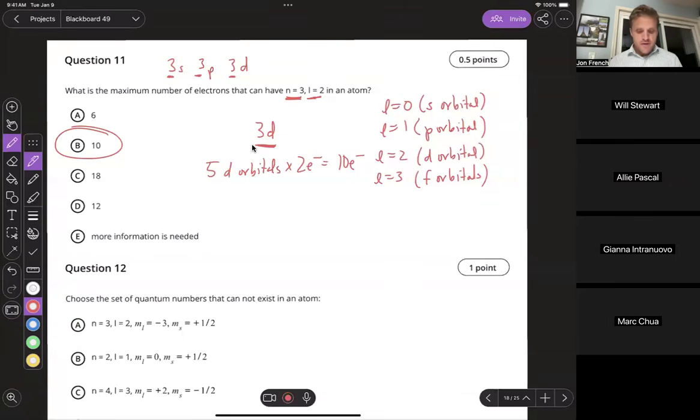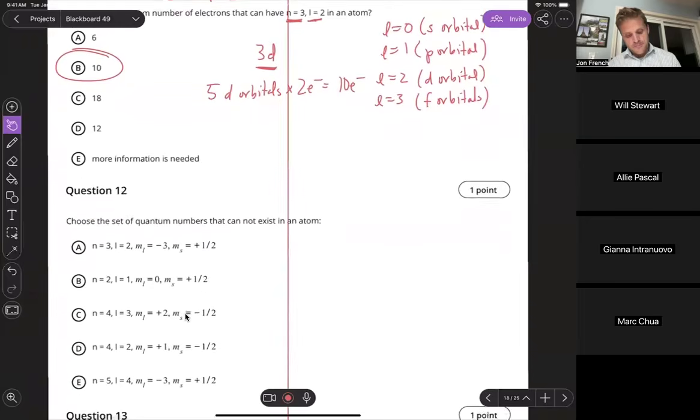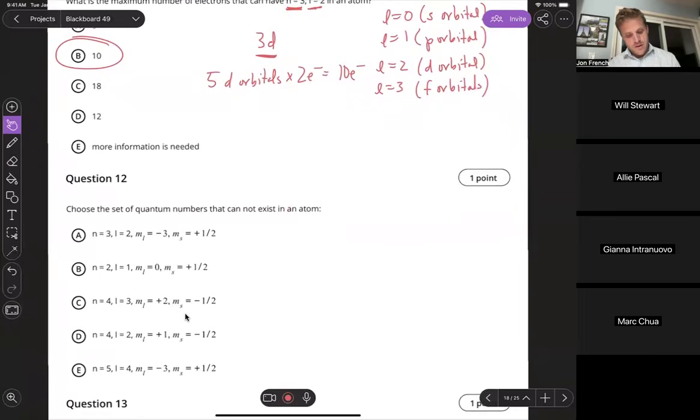If you know them, great. If you don't, don't worry too much about it right now. Question 12 is very similar, since I just defined what n tells us and what L tells us.